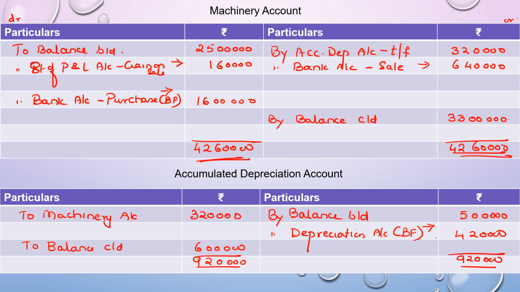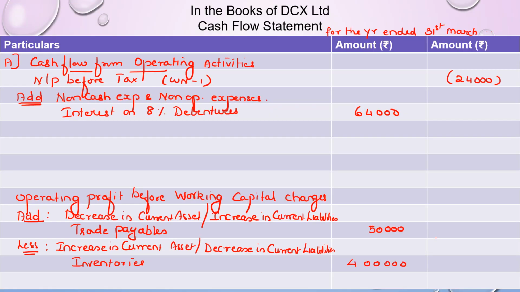So let us incorporate this. Here see, we would have the depreciation non-cash expense of 4,20,000, and then we have a gain on sale, so less gain on sale of machinery, that was 1,60,000. So we write that 1,60,000 here.